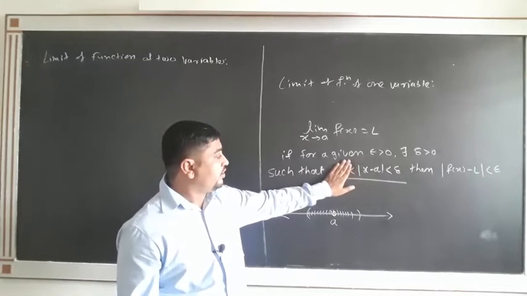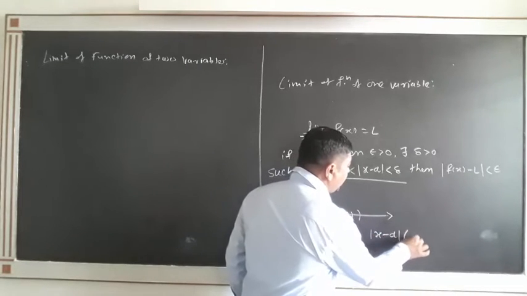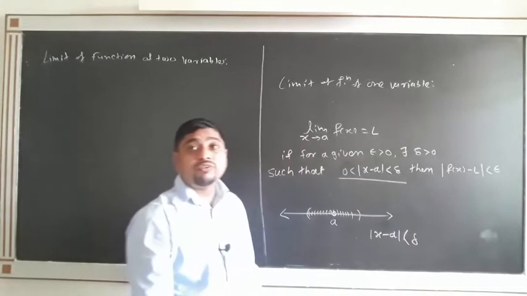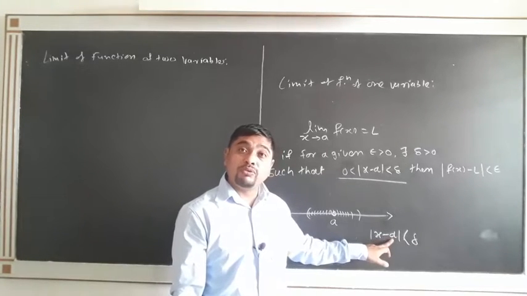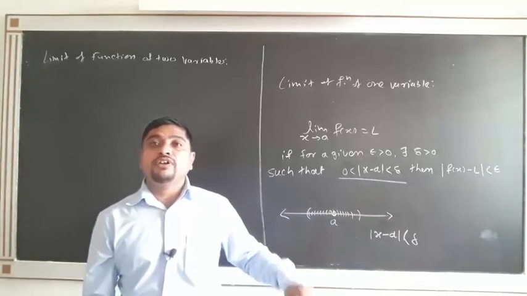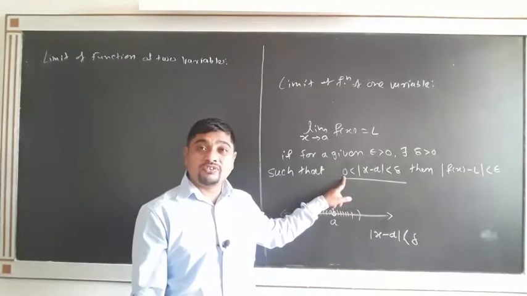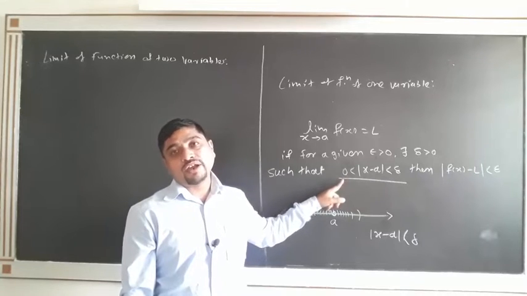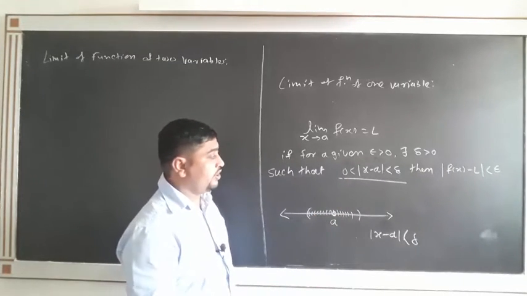If it is only mod of x minus a less than delta, then the distance between the point and a may be 0, so a itself may be contained. But here a distance of 0 is not possible. That means this point is not in the neighborhood.